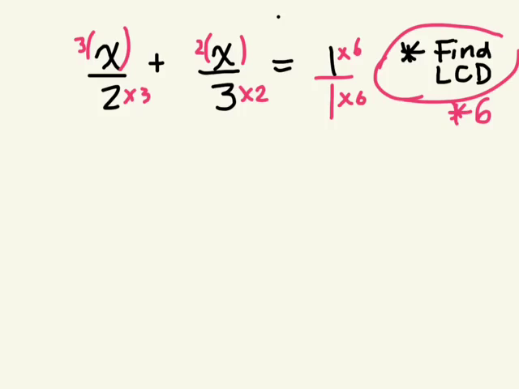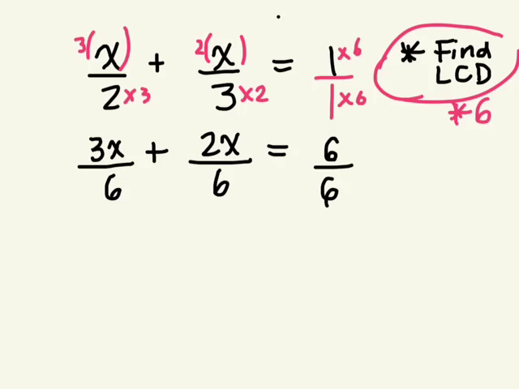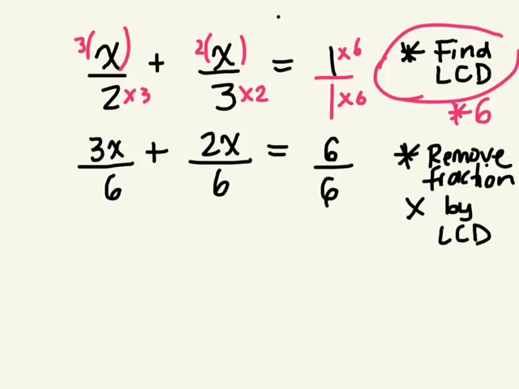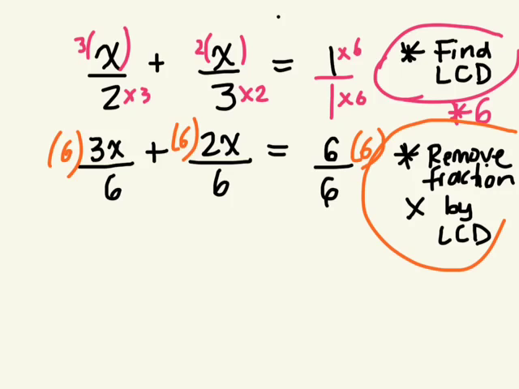So 3 times x becomes 3x over 6 plus, what's 2 times x? 2x over 6 equals what? 6 over 6. Okay, so step 2, to remove the fraction, you multiply by the lowest common denominator, which in this case was 6. That's how we cancel out the denominator.